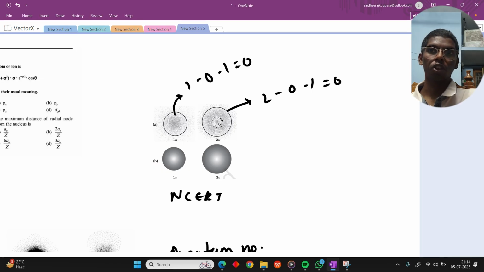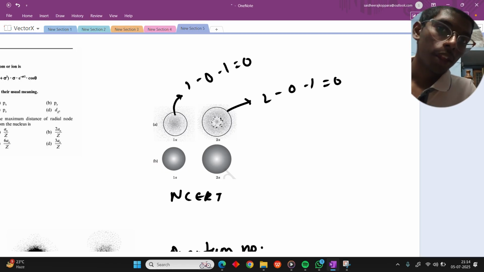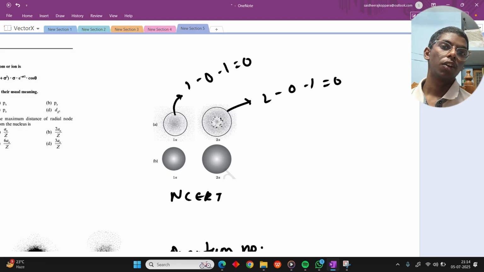In the atom, we consider the nucleus as the central point, and until the circumference is how we calculate the radius.